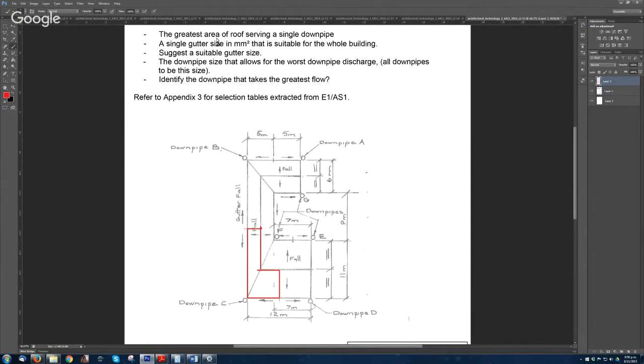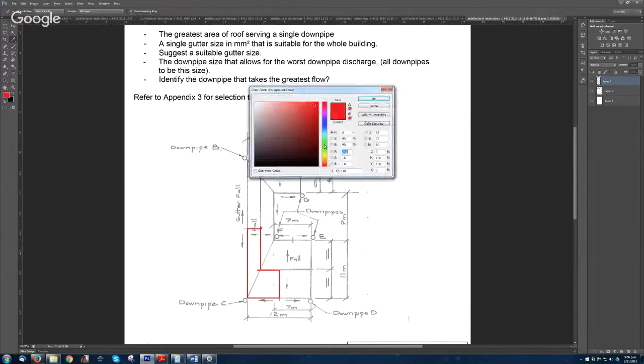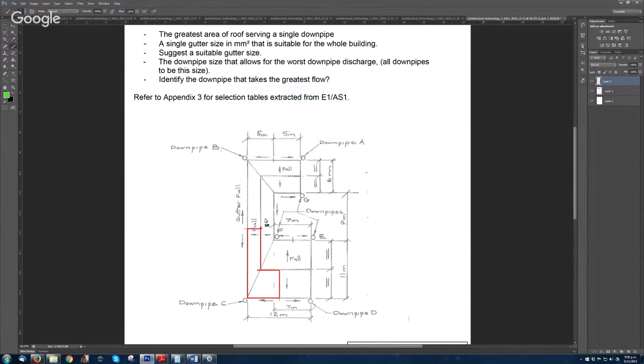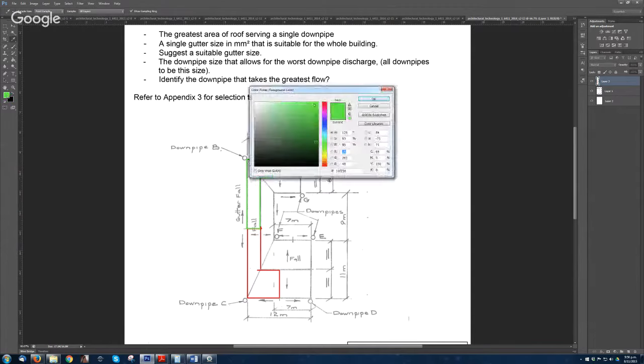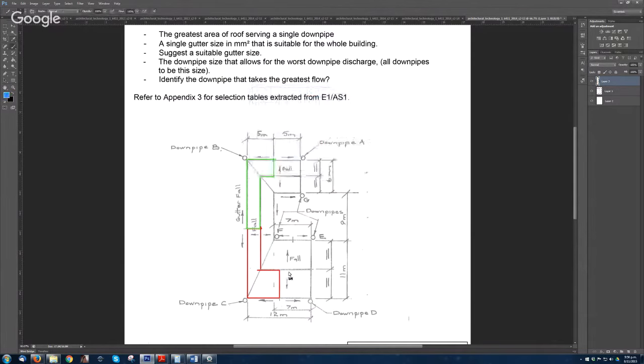Because they ask what's the greatest, you kind of have to calculate most of the areas because they look pretty similar, like this one, another one, and another would be this one here.